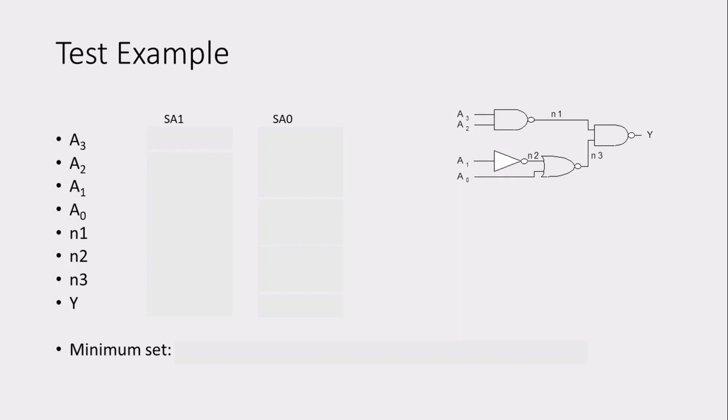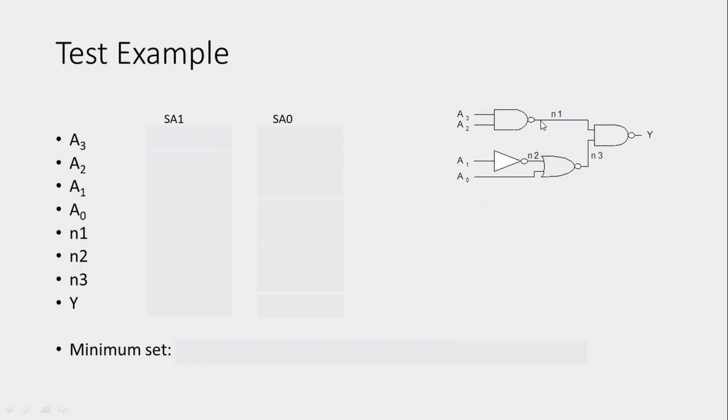Now how are we going to work? As we said, most of the faults are covered in terms of stuck at 1 and stuck at 0. Most of the stuck-at faults are at these particular input ports.